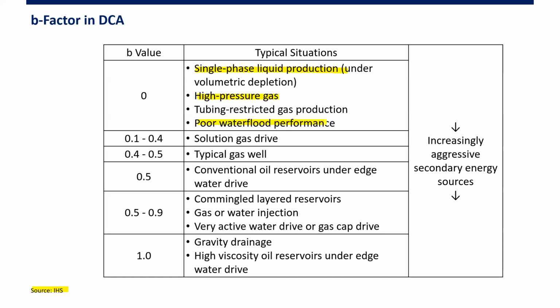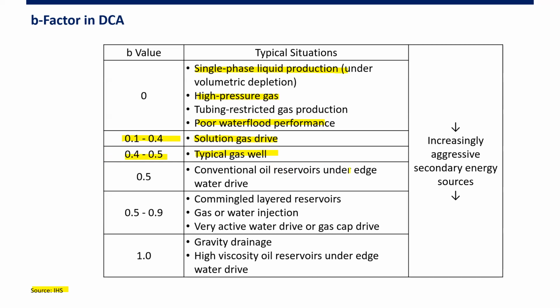All right, now we go to the hyperbolic trend, so the B factor is greater than 0 but below 1, below unity. For solution gas drive, the B factor is around 0.1 to 0.4. Typical gas well, 0.4 to 0.5.